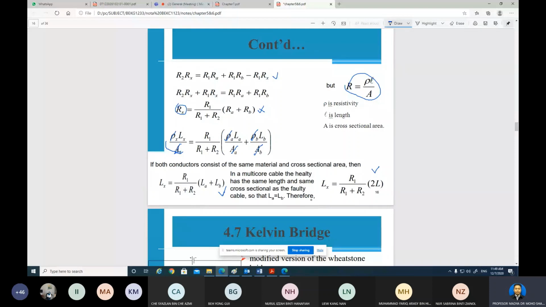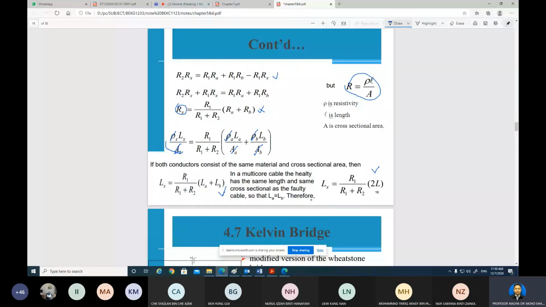That's why they have a formula to calculate the length of the ground, for example this one: R1 divided by R1 plus R2, multiplied by 2L. That is the formula to calculate Lx.